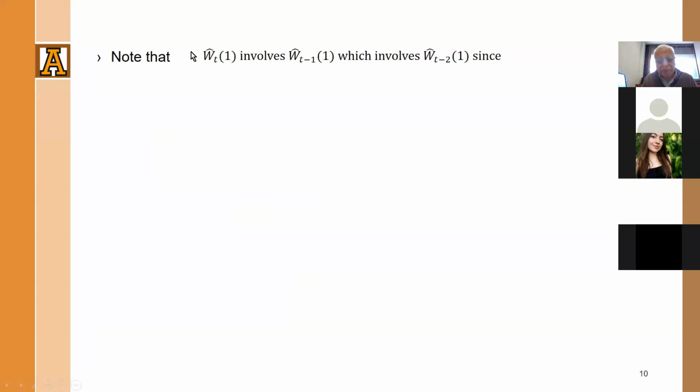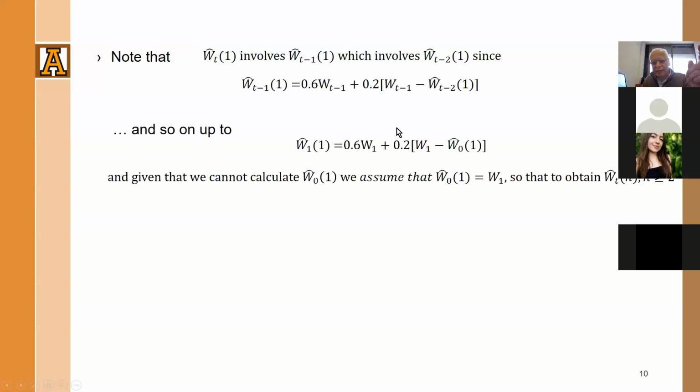So the forecast Ŵ_t one period ahead involves Ŵ_{t-1} one period ahead, and that involves itself Ŵ_{t-2} one period ahead, and so on. W_{t-1} one period ahead is 0.6 W_{t-1} plus this thing here, right? We already saw this thing.